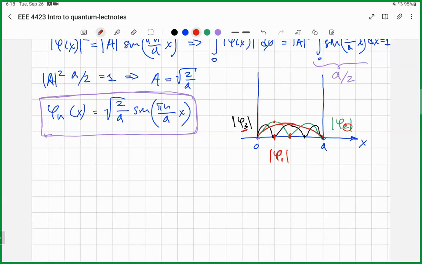But if I excite the particle somehow, for example, I send a photon there, the particle absorbs the photon and jumps to the state 2.